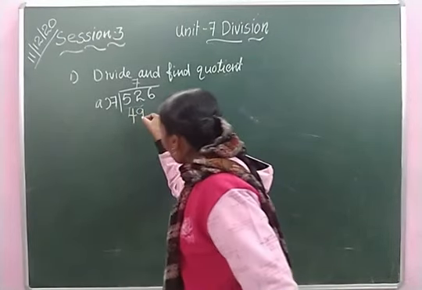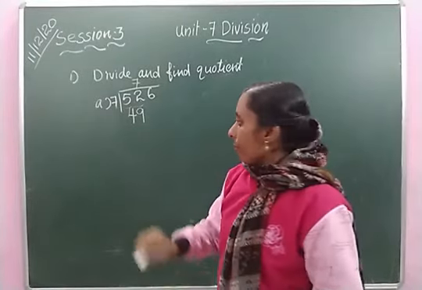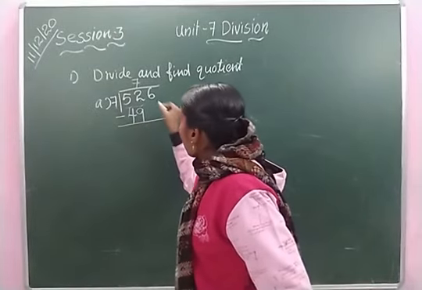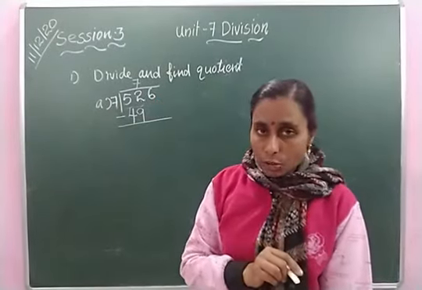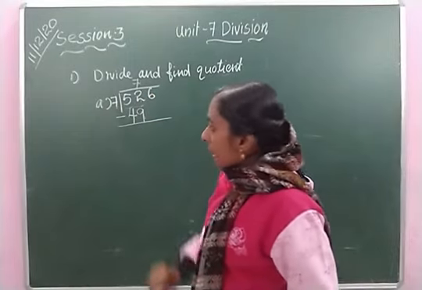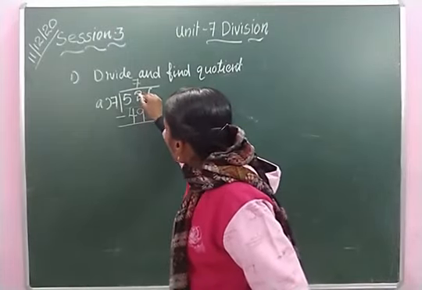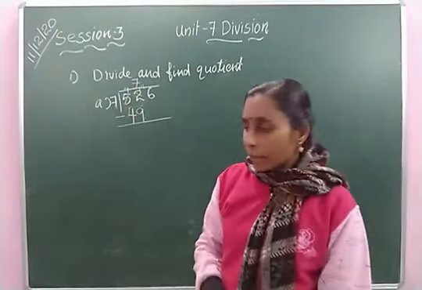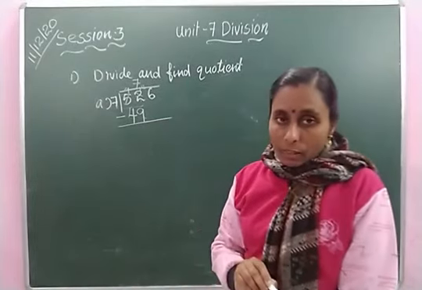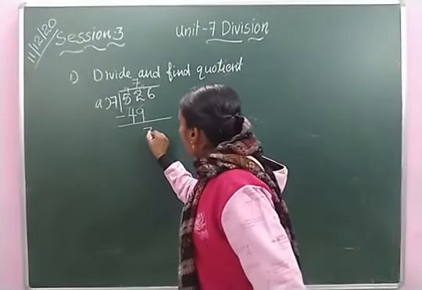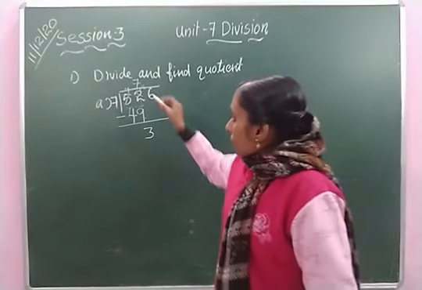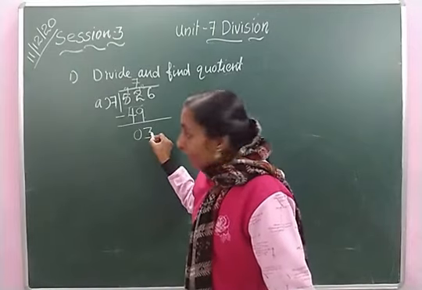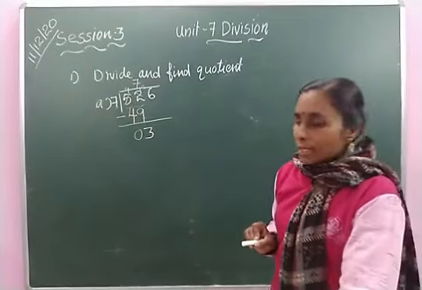Next step is subtraction: 52 minus 49. 2 minus 9 is not possible, so it is 12 and here it is 4. 12 minus 9 is 3. Then 4 minus 4 is 0. Now see, this remainder is smaller than the divisor.